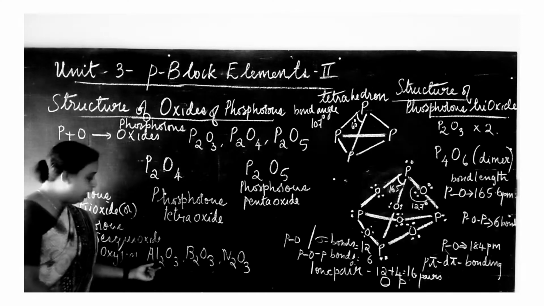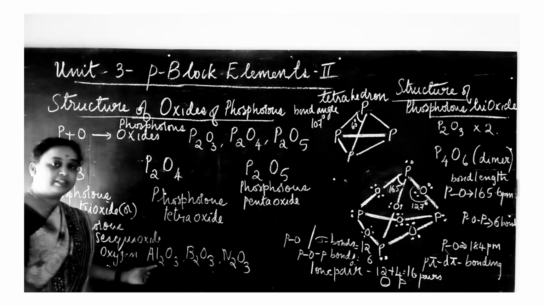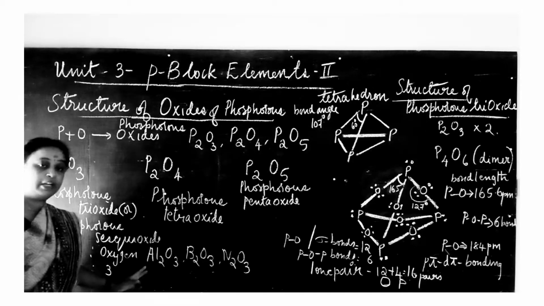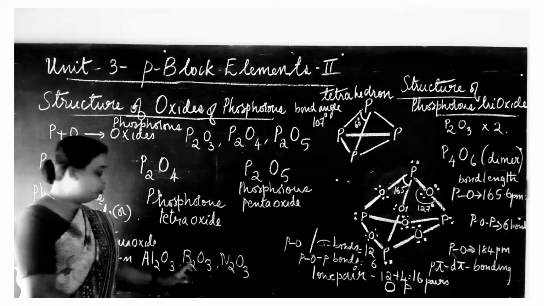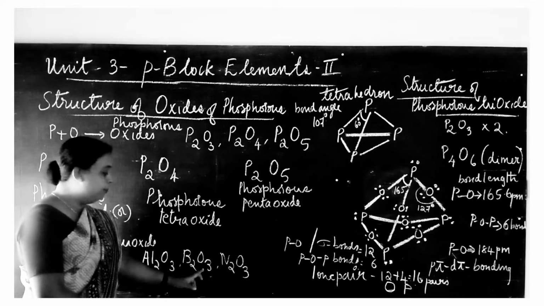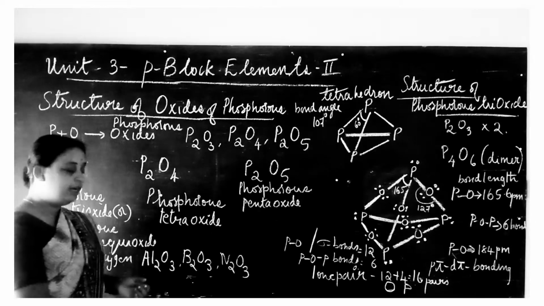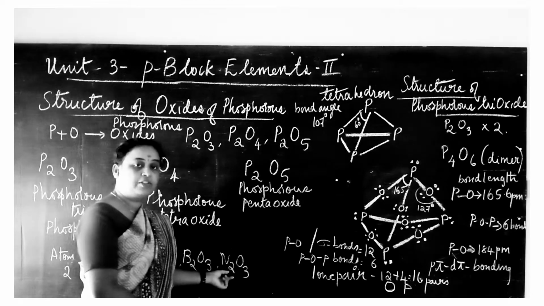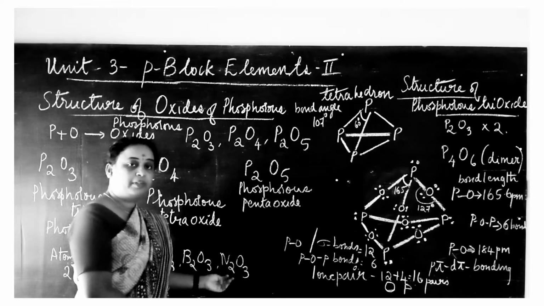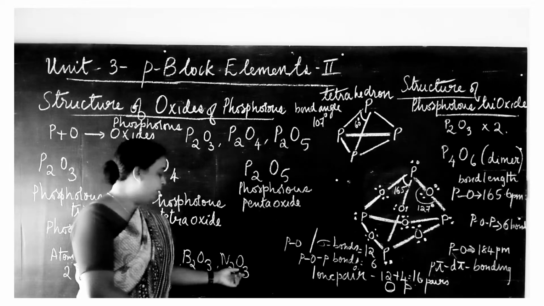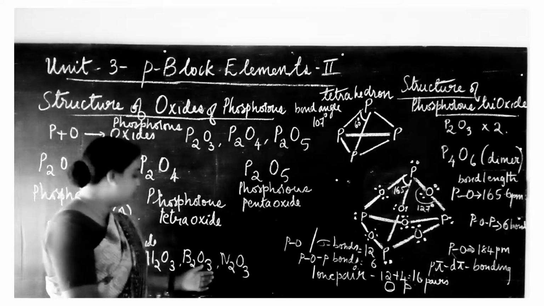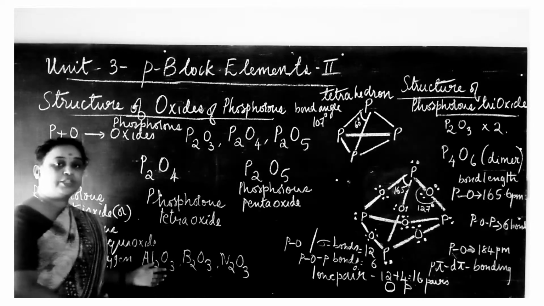Here two aluminium atoms and three oxygen atoms combine to form aluminium oxide in the 2:3 ratio. B2O3, two boron atoms combined with three oxygen atoms to form boron trioxide. And nitrogen trioxide N2O3, two nitrogen atoms combined with three oxygen atoms. These are all examples of sesquioxides.